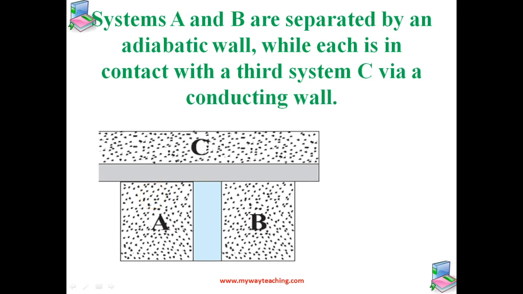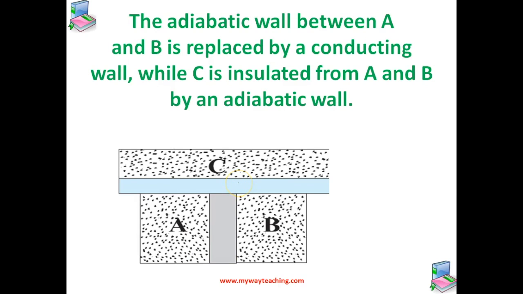The states of the systems, their macroscopic variables, will change until both A and B come to thermal equilibrium with the system C. After this is achieved, suppose that the adiabatic wall between A and B is replaced by a conducting wall and C is insulated from A and B. Reverse of that.